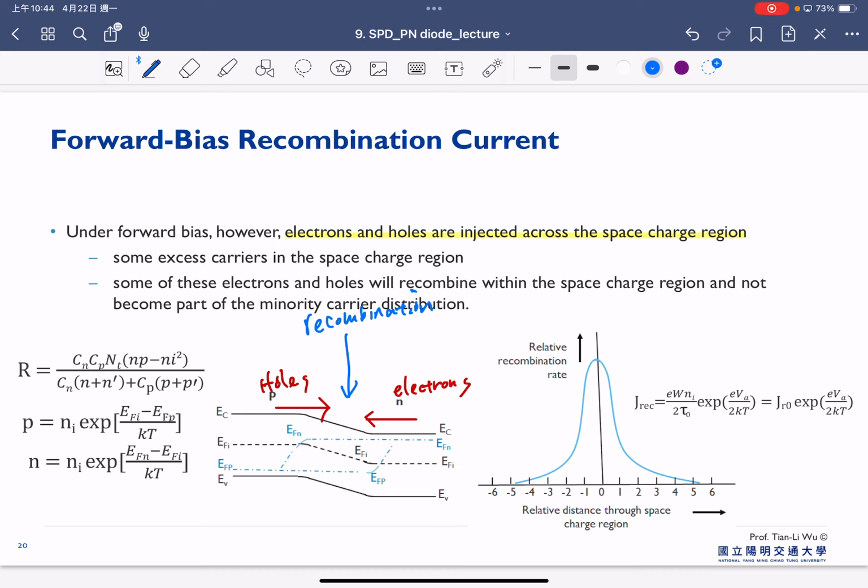And if you look at this, it's the recombination rate. You will figure out that in the middle there's a high recombination of these electrons and holes. So some of the electrons and holes will recombine inside this space charge region.